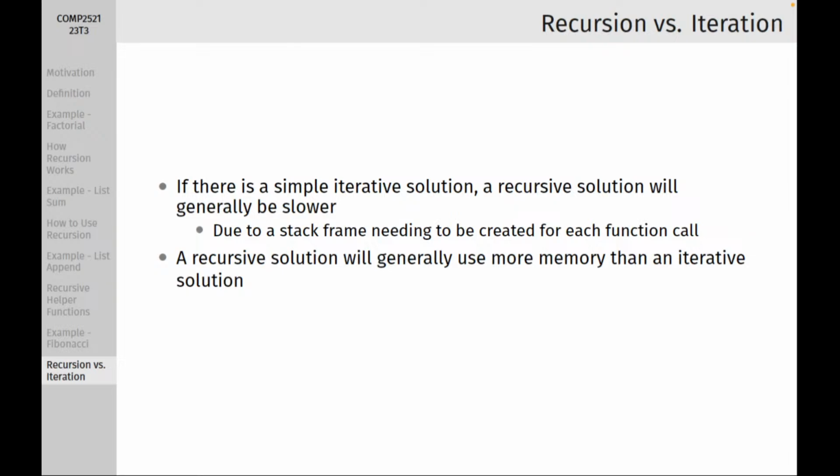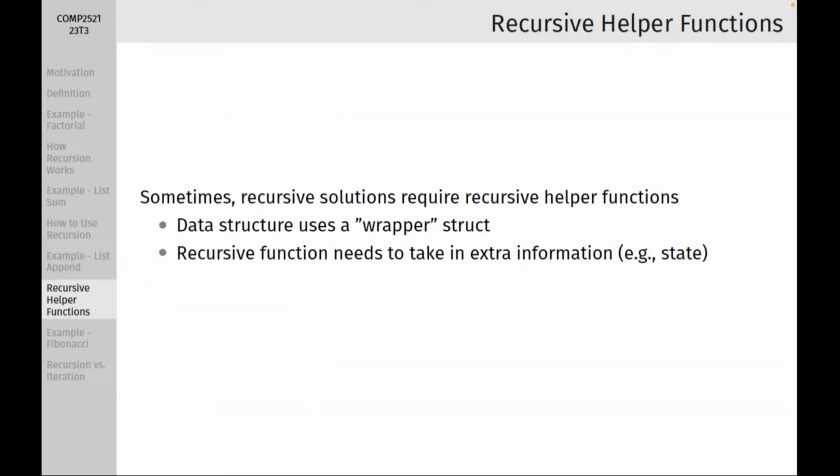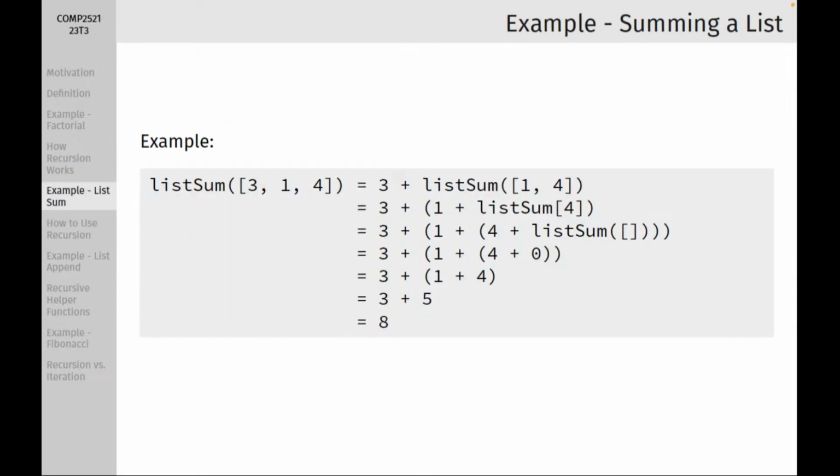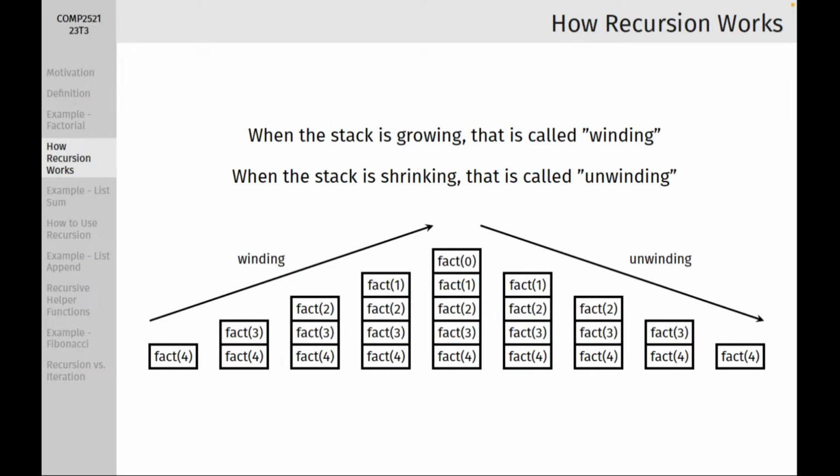Okay, and how about in terms of memory? Well, same diagram. If we have a look, right, we run the factorial function recursively, right? It needs to create stack frames on top of stack frames on top of stack frames. So the factorial function uses a lot of memory, right?